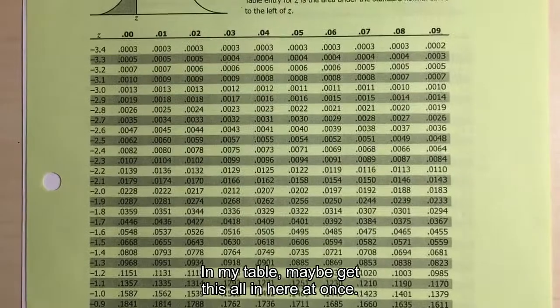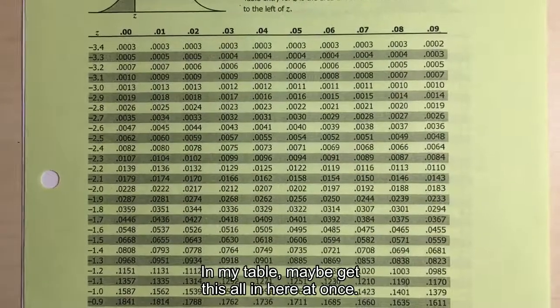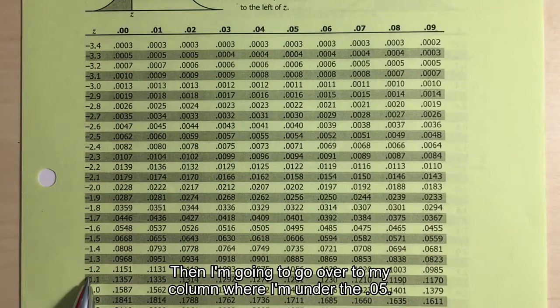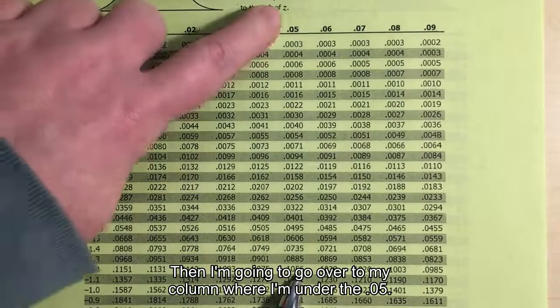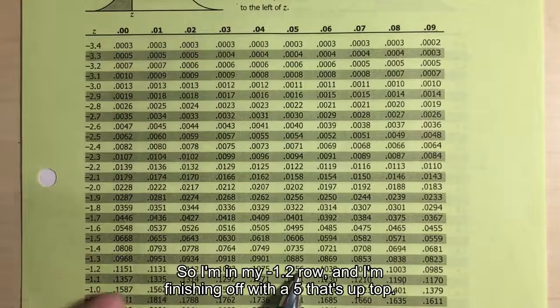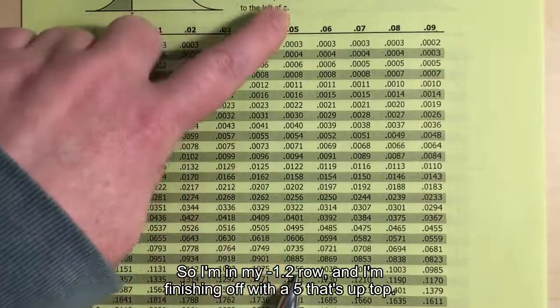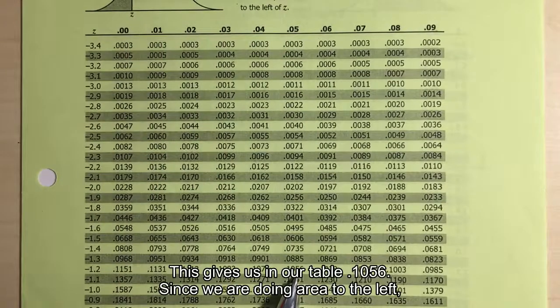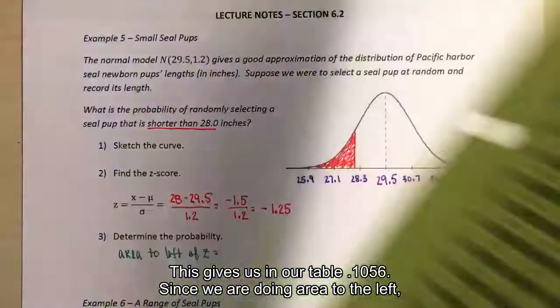So in my table, I'm going to go down to negative 1.2, which is right here. And then I'm going to go over to my column where I'm under the 0.05. Right, so I'm in my negative 1.2 row, and I'm finishing off with a 5 that's up top. This gives us in our table 0.1056.